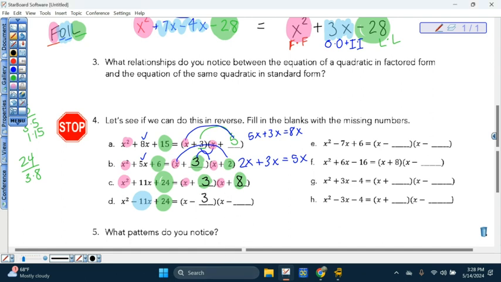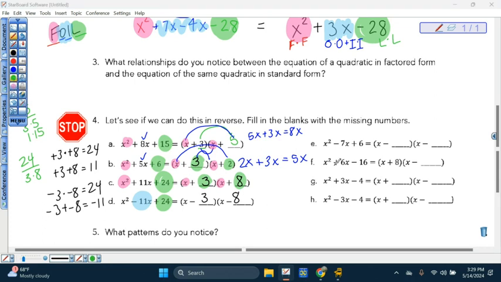They're both negatives now, right? Positive 3 plus 8 gives you positive 11, and positive 3 times positive 8 gives you 24. Negative 3 times negative 8 also gives you positive 24, but when you add them together, you get negative 11. So be careful about your positives and your negatives.